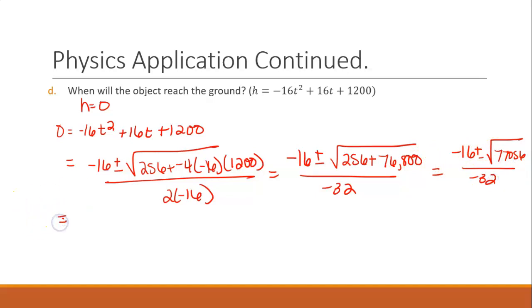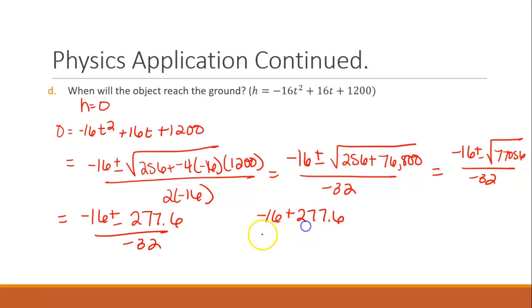Now I'm going to find the square root of that number. That gives me negative 16 plus or minus 277.6 divided by negative 32. Now I'm ready to split it up into two problems. Negative 16 plus 277.6 divided by negative 32, and negative 16 minus 277.6 divided by negative 32.